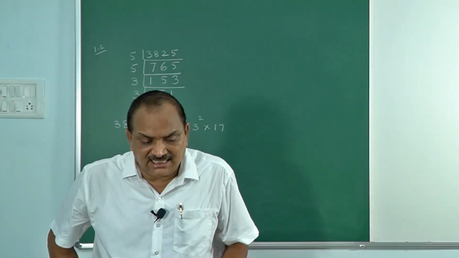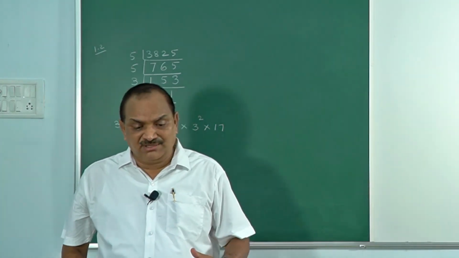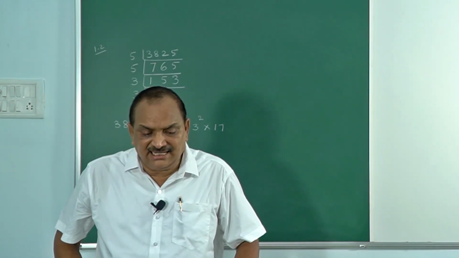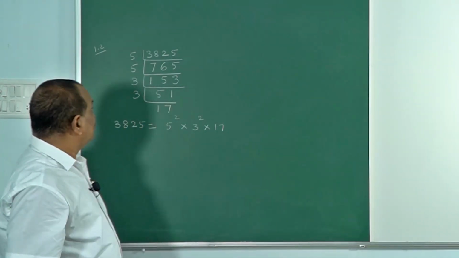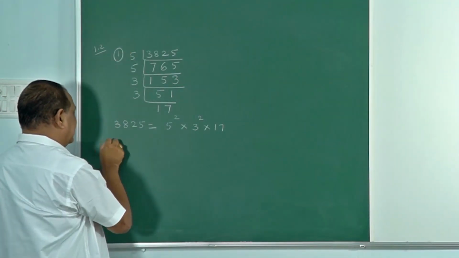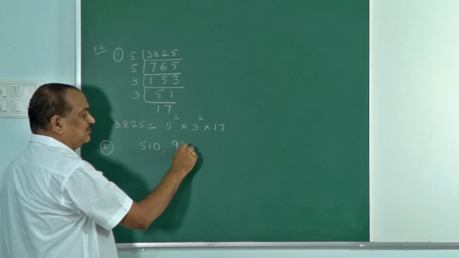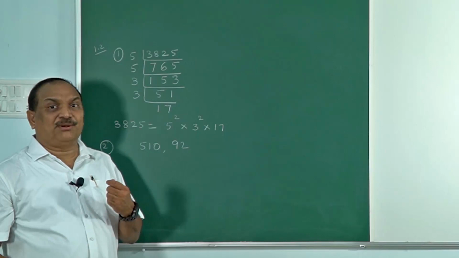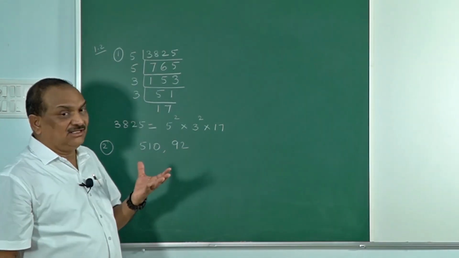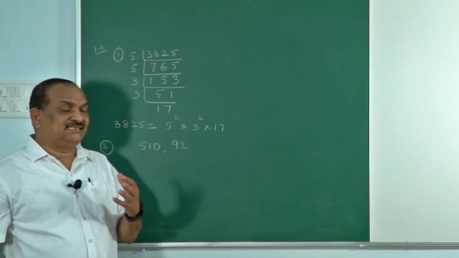Now let us understand by taking two numbers what we mean by LCM and what we mean by HCF. My numbers here are 510 and 92. So in this question, let me take this as the second question, 510 and 92. And he is asking us to prime factorize these, and then using that, find out LCM and HCF.